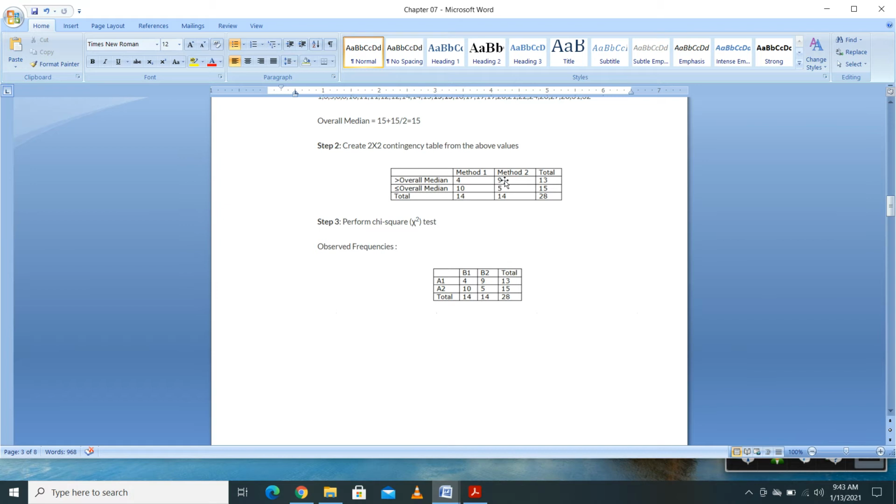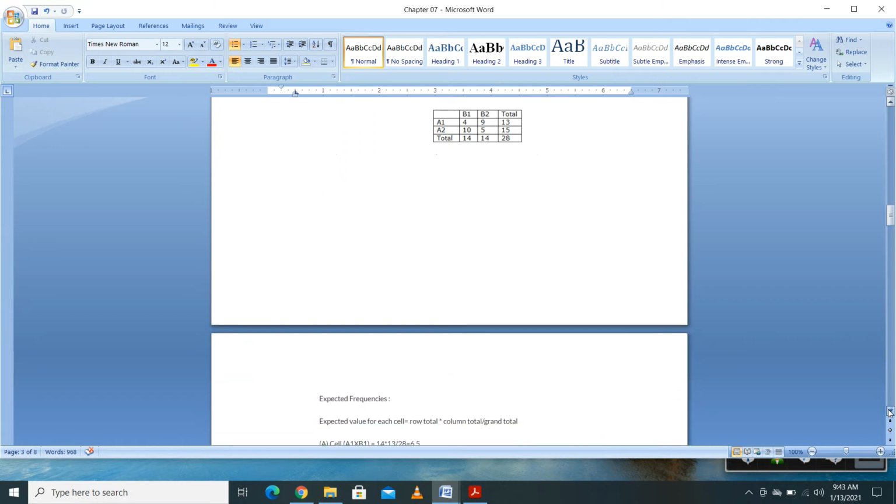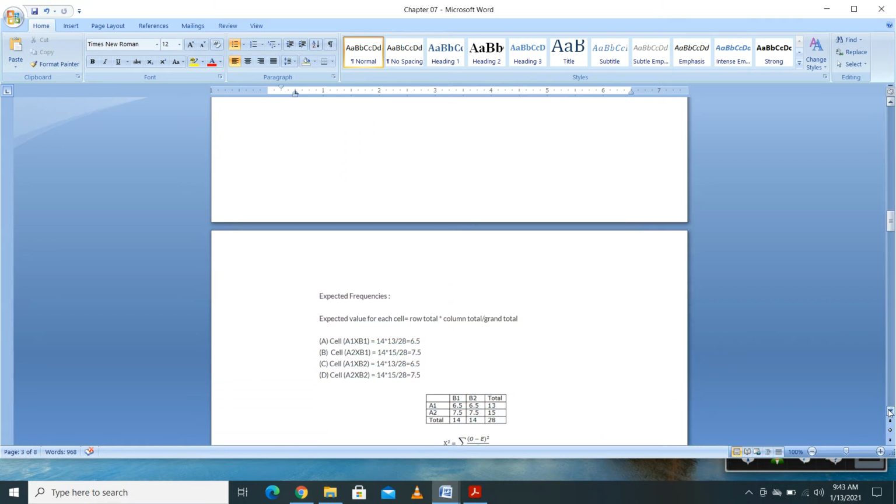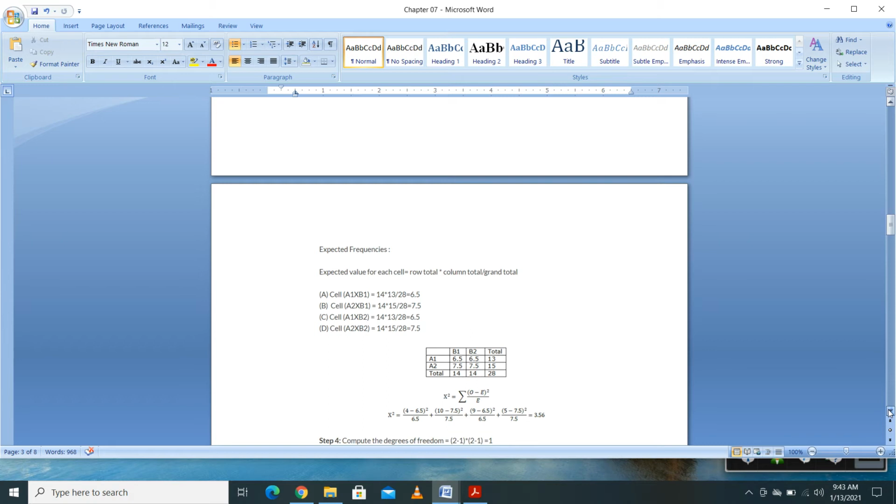For the cell where you have 9, it is row total 13, column total 14, grand total 28, so 13 into 14 divided by 28. Here the row total is 15 and the column total is 14, so 14 into 15 divided by 28. Likewise, we can calculate the expected value for each and every cell.